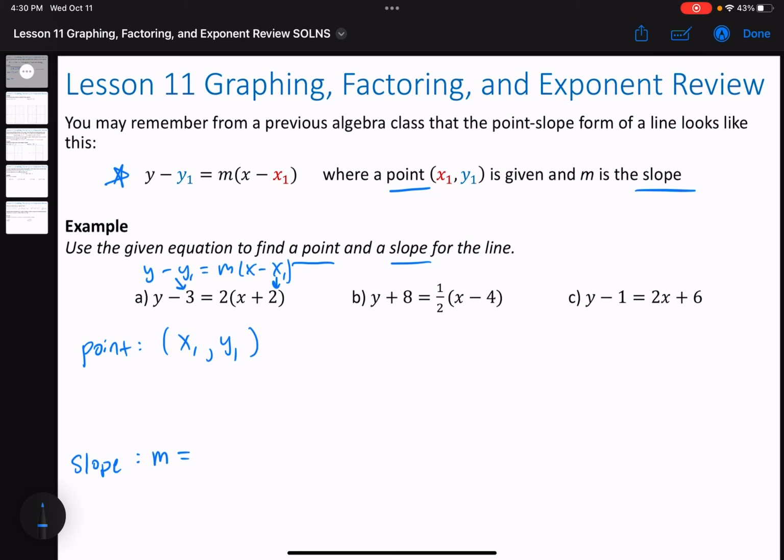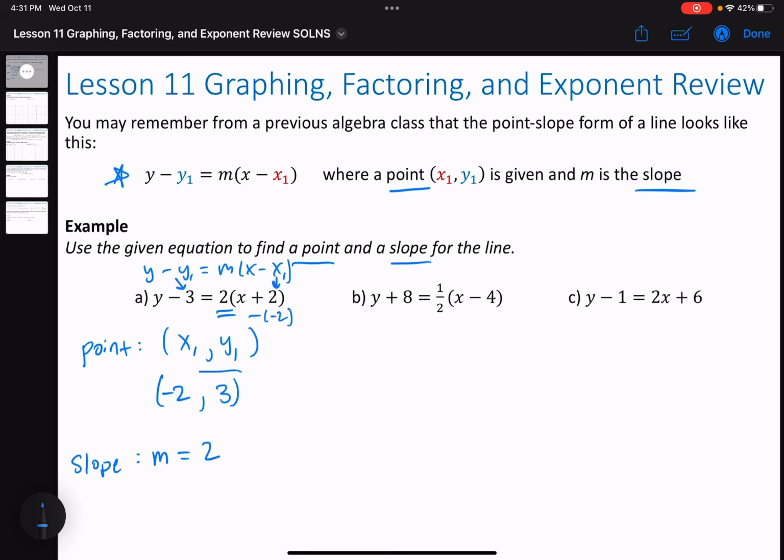In this case, x1 is negative 2, because in our original equation it's negative x1, and this would be the same thing as minus negative 2. And y1 is going to be 3 because the original equation was already negative, so y1 is just going to stay at 3. Our slope is always going to be the number in front of our x value. So in this case, our slope is 2.